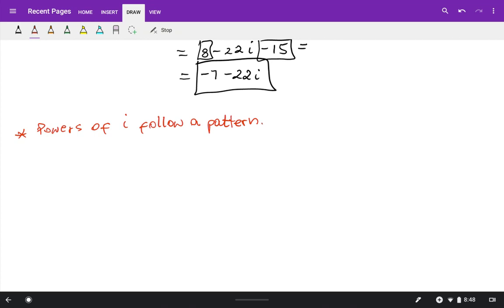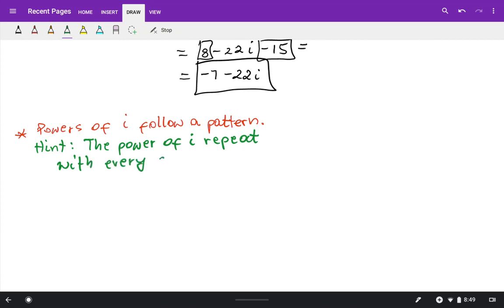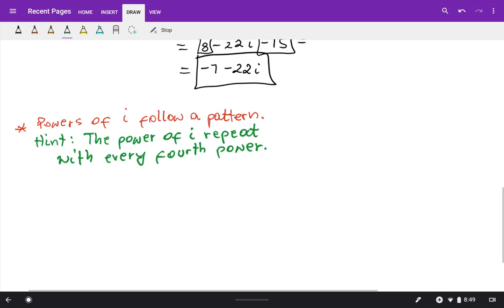Just to remember that pattern, the powers of i repeat, like an algorithm, with every fourth power. Okay, so this is how that looks.